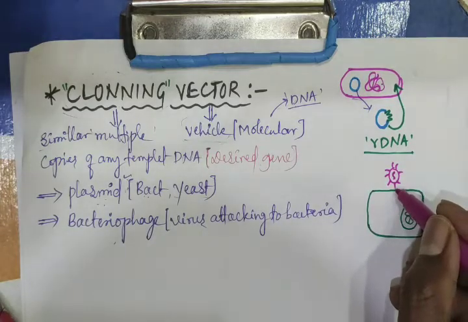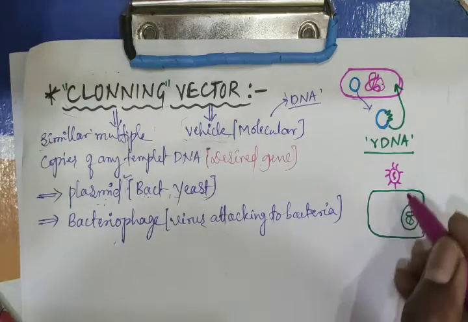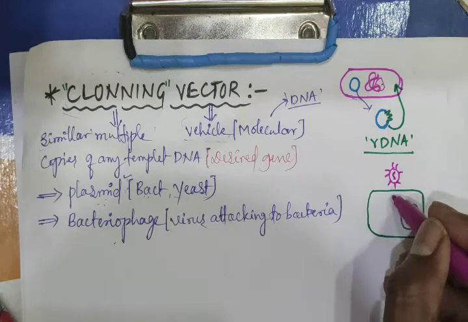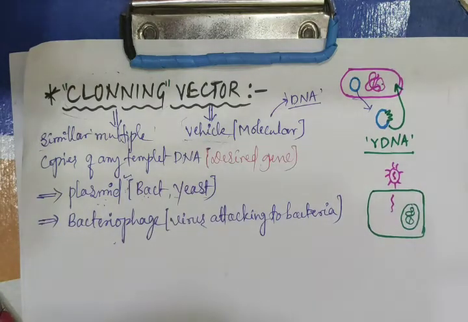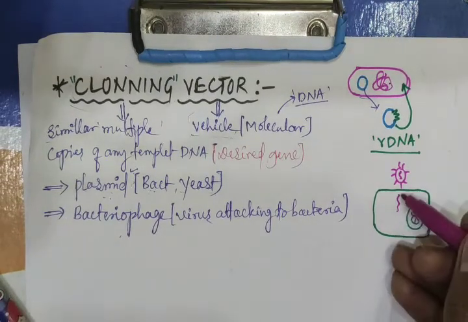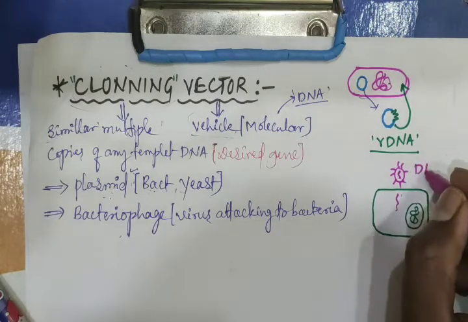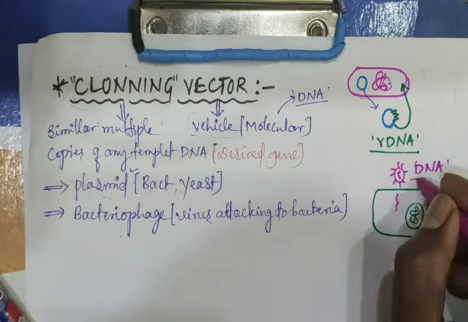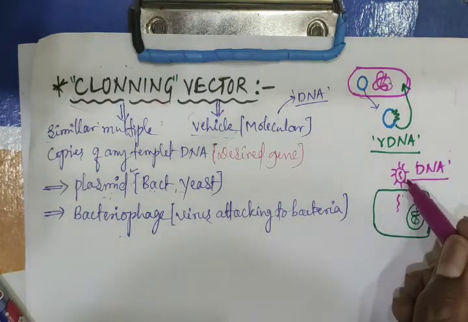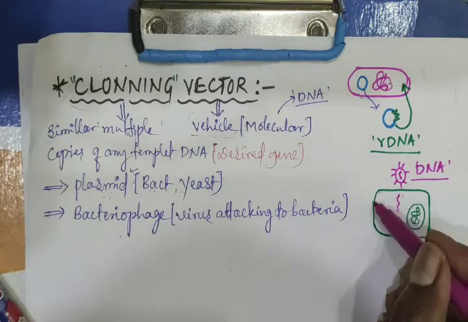It is going to enter inside this host cell. When it is entering, its genetic material will enter inside. What is going to enter inside? Genetic material. Say for example, if this is a DNA virus, a virus attacking bacteria.